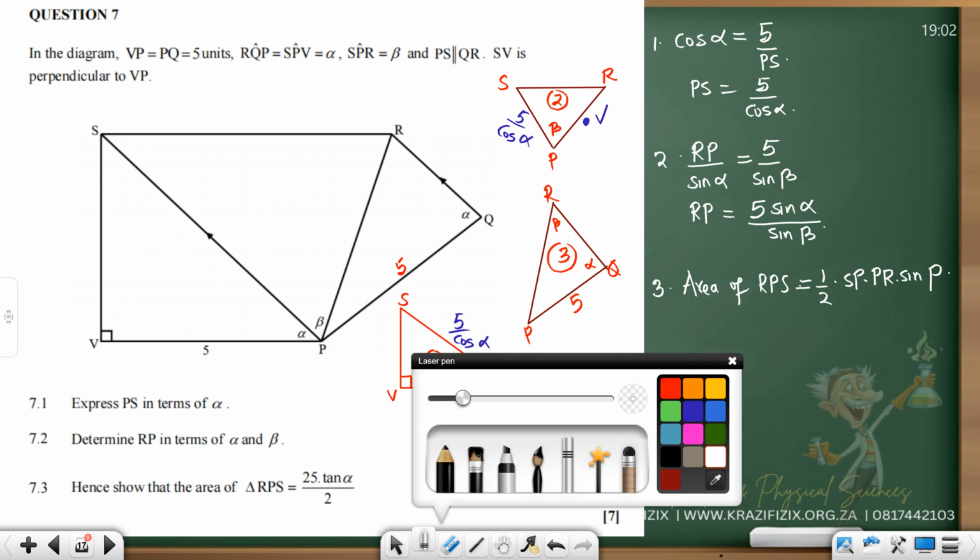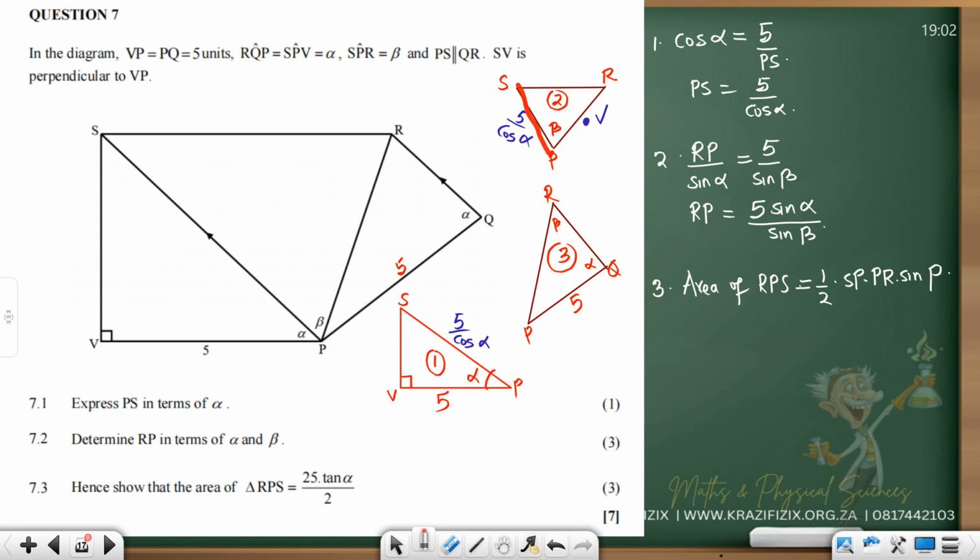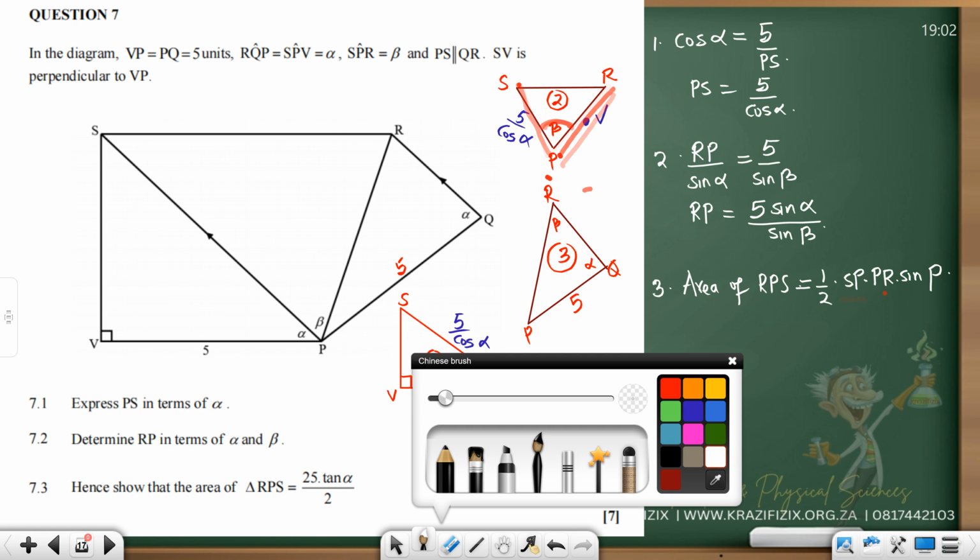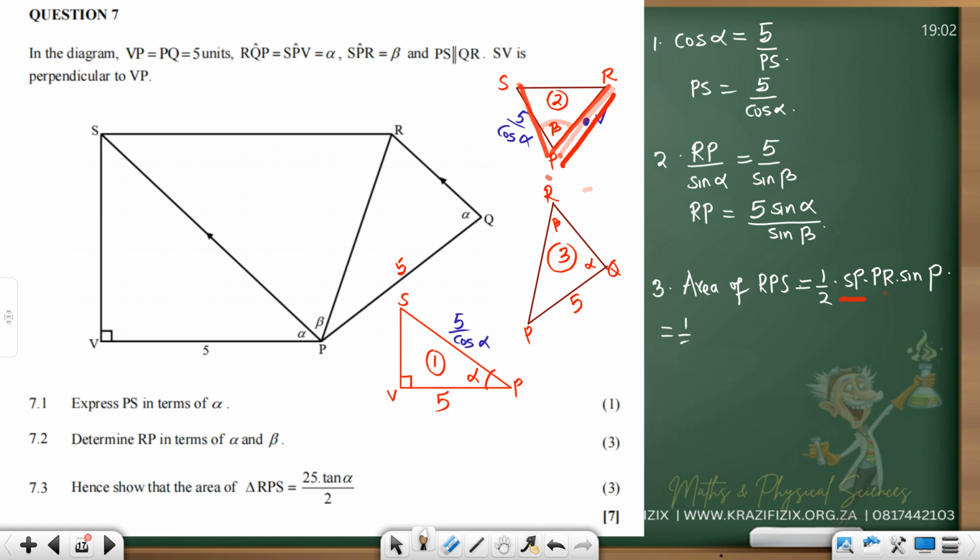I want to repeat. Area rule: half the two sides, so it's side, angle, and side. So SP, PR, and sine P. Okay, let's substitute together and do the maths. What is SP? Do we know SP? Yes, 5 over cos alpha.